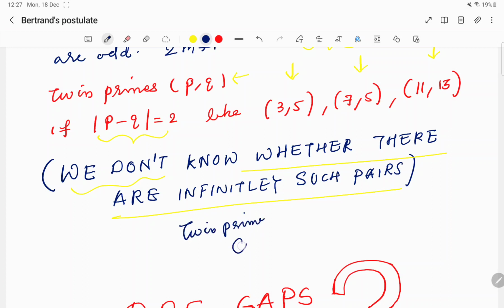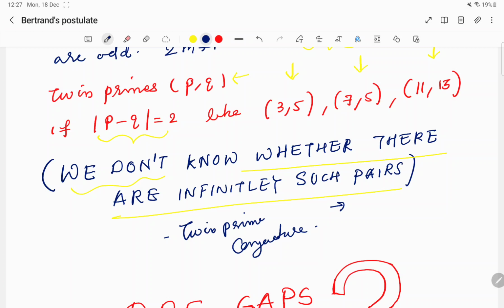Okay, so that is what we call the twin prime conjecture. That means, are there infinitely many twin primes? That's the question. How do you prove it? You have to show that there are infinitely many by some idea.